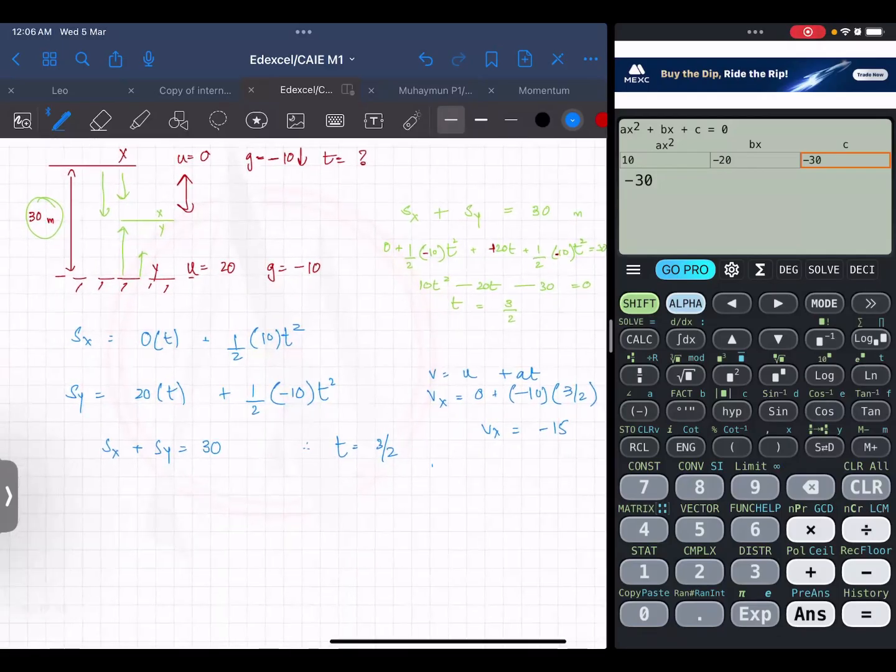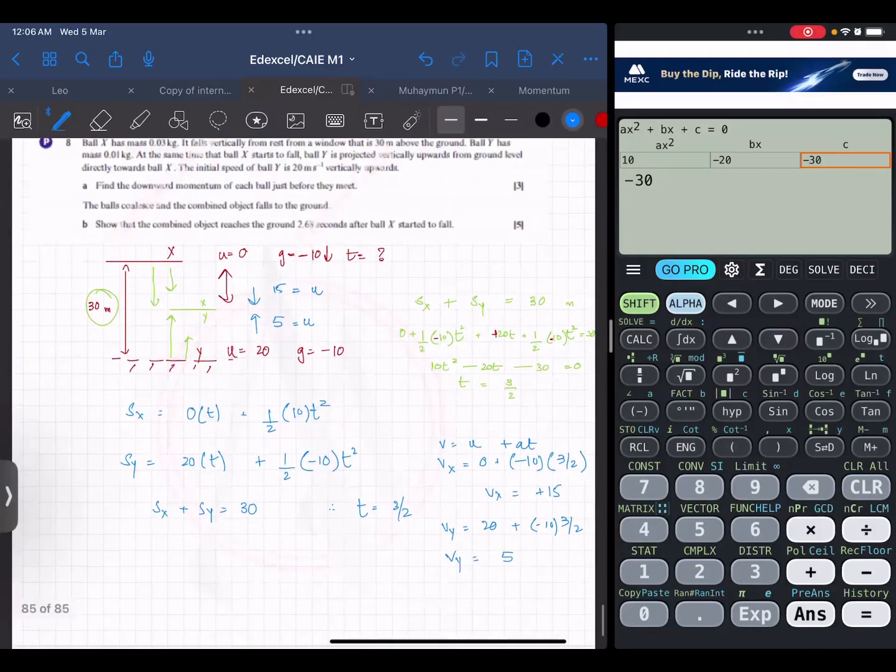And V of y: initial velocity is 20 plus -10 times 3 upon 2, so we get 5 positive. X is coming down with a velocity of 15, forget about the signs, and y is still going up with a velocity of 5.